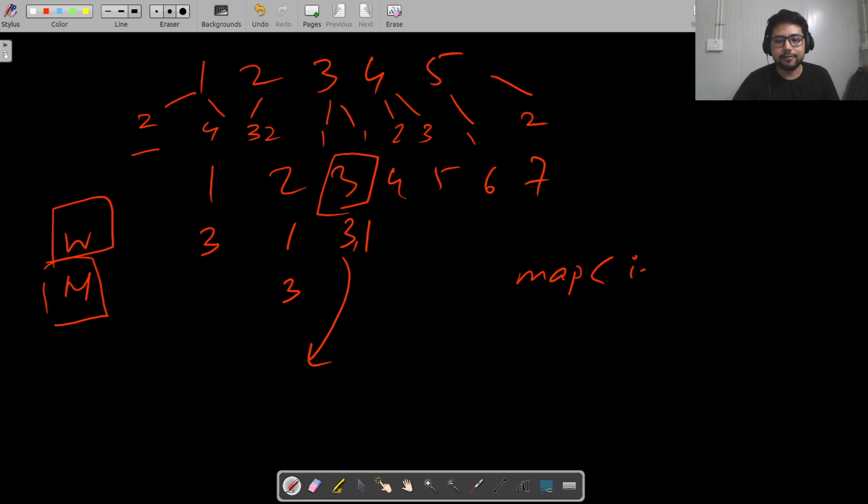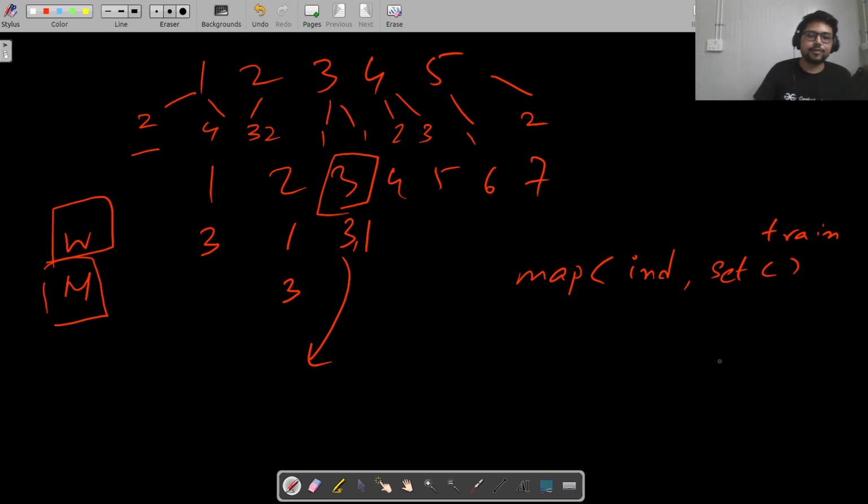like in the map the first element will be the index, and the second element we can consider a set, to make our lives easier, a set of indices, the set of trains that will change their set. Basically we have two sets: the work set that has the trains that are working, and the other set that has trains that are in maintenance.